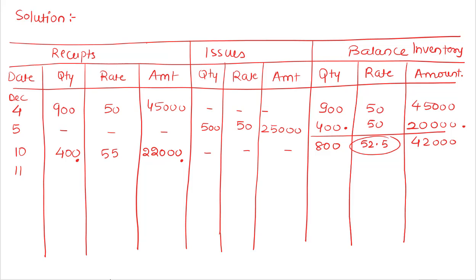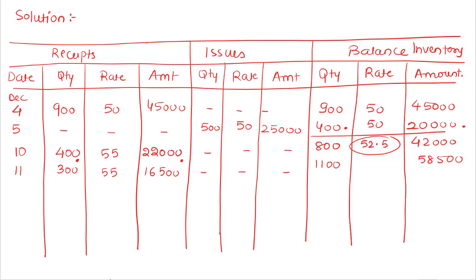On December 11, it's a receipt of 300 units at 55 rupees. So 300 multiplied by 55, it is 16,500. And over here, the balance is 800 plus 300. This would be 1100. 42,000 plus 16,500 is 58,500.